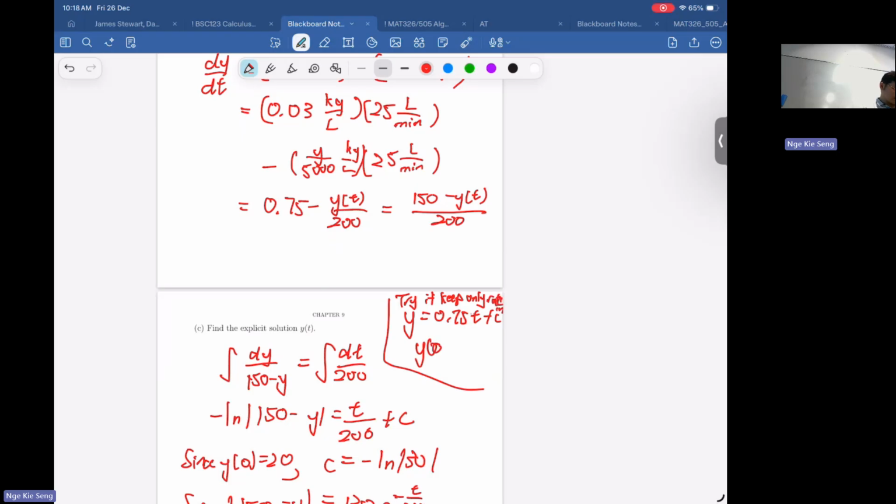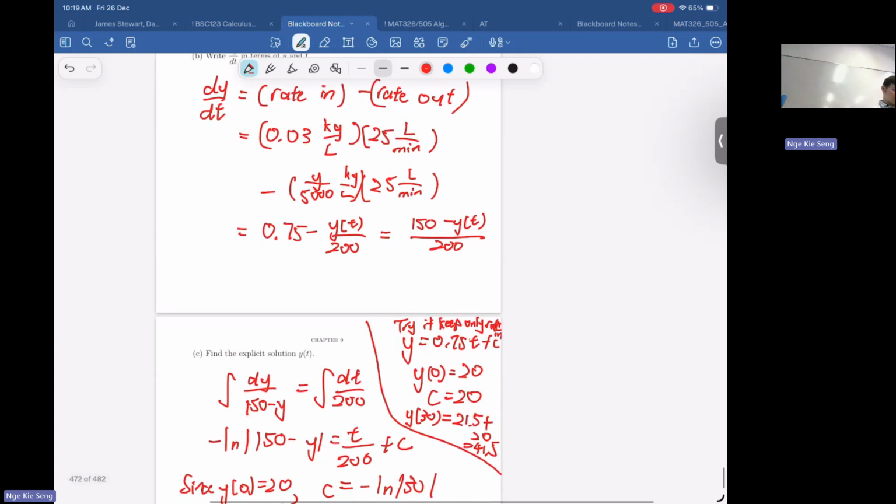Then y0 is 20, right? And then c equals 20, right? Okay. And then if t is 30, what happens? So at 30 minutes, 0.75 times 30 plus c, with c being 20. Well, kind of makes sense. Okay, very interesting. So if we keep only the rate in for the salt and then you do the integration, it's very simple, it's just a constant.